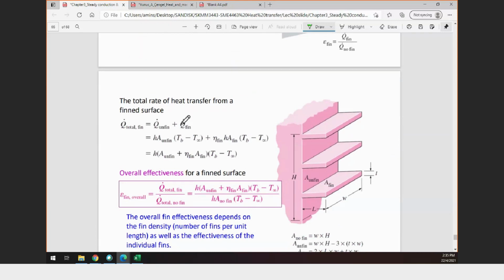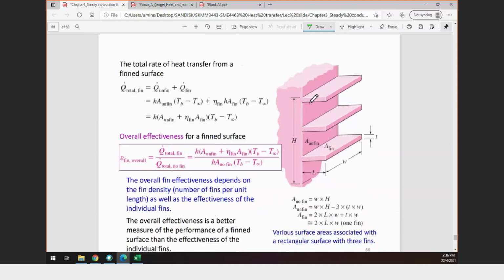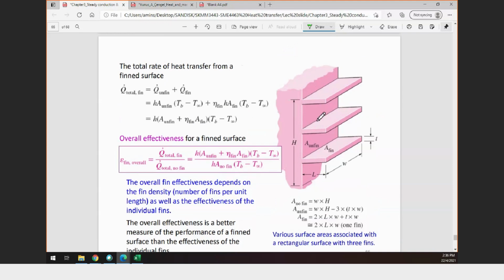This is a calculation if you are dealing with multiple fins. Remember in the previous example, you only considered a single fin. So what happens if you have more than a single fin?